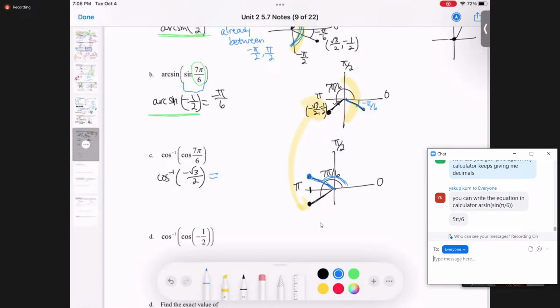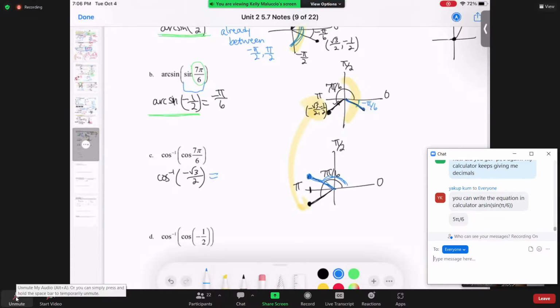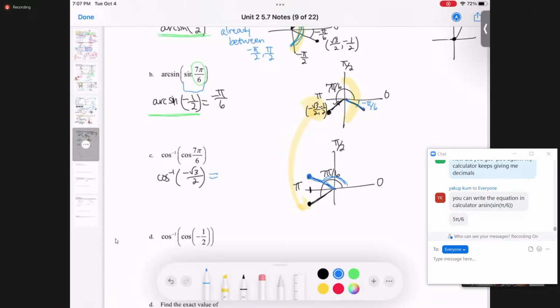So Joseph, either your calculator is just going to do decimals, or there's a setting where you could probably make it be fractions, or you could change it to degrees and it will give you an exact degree, right? Okay, see, yeah, so cool.